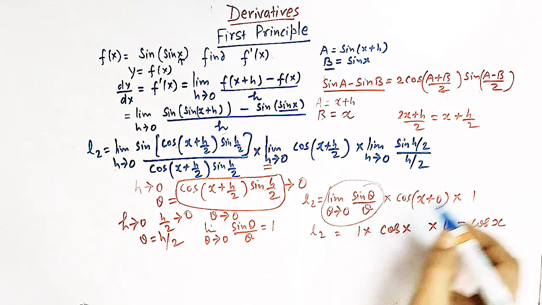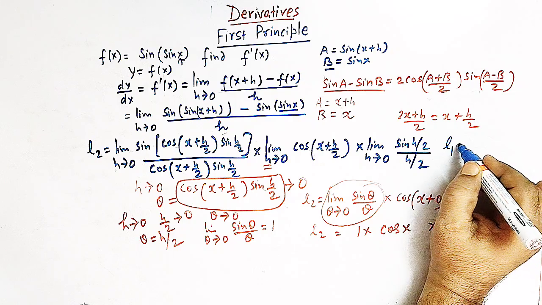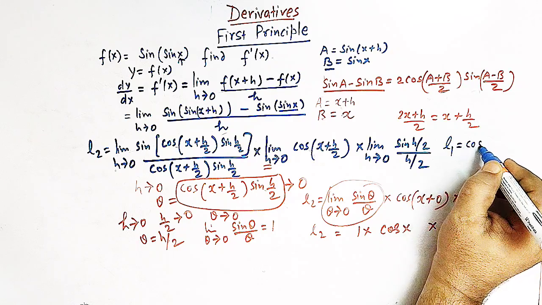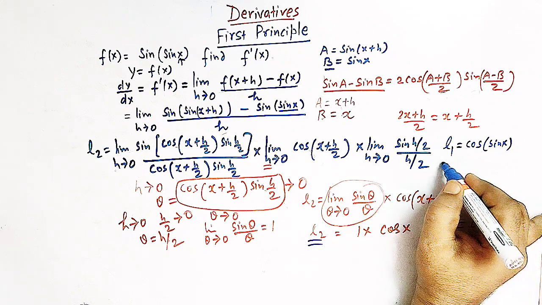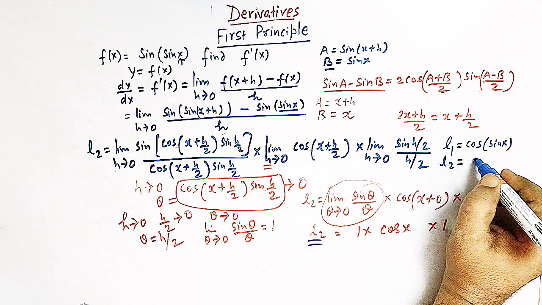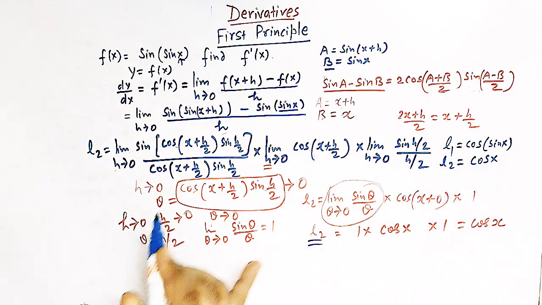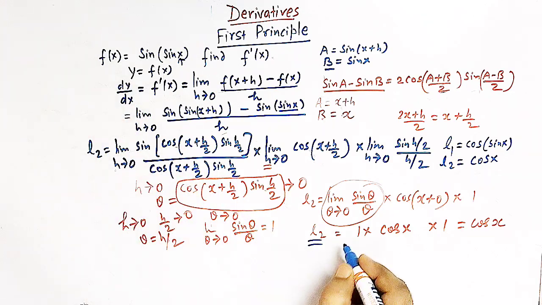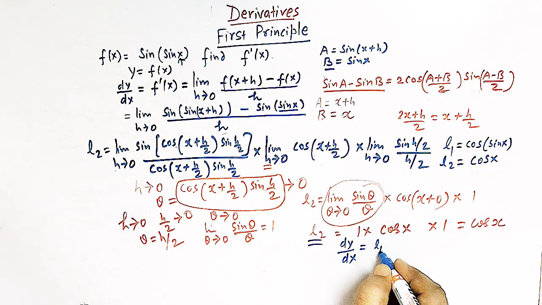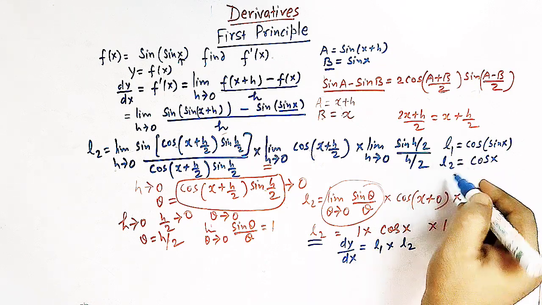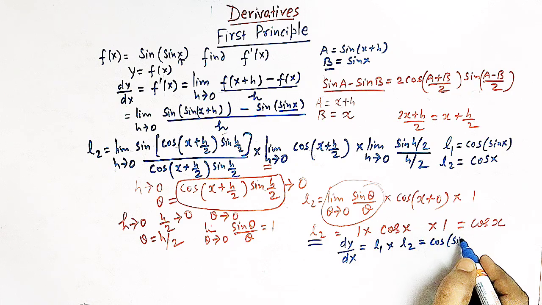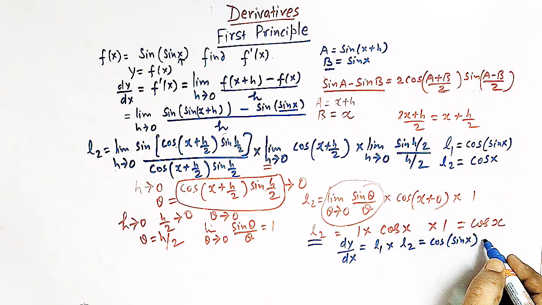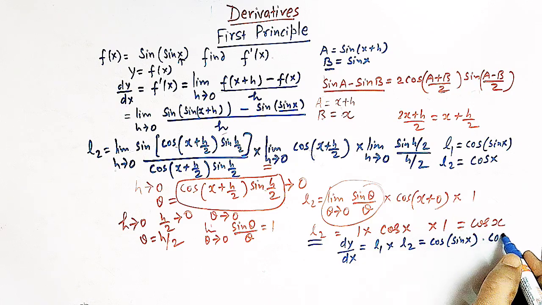So the value of the limit L1 is equal to cos of sine x, and we have just seen that the value of the limit L2 is cos x, right? And now the value of the derivative, that is dy over dx, is equal to the product of these two limits. So L1 is cos of sine x, and L2 is cosine x.